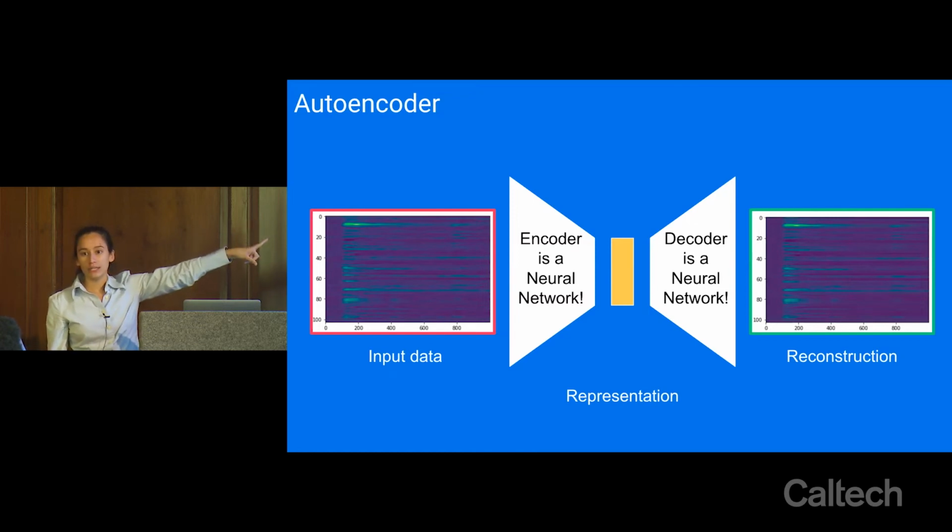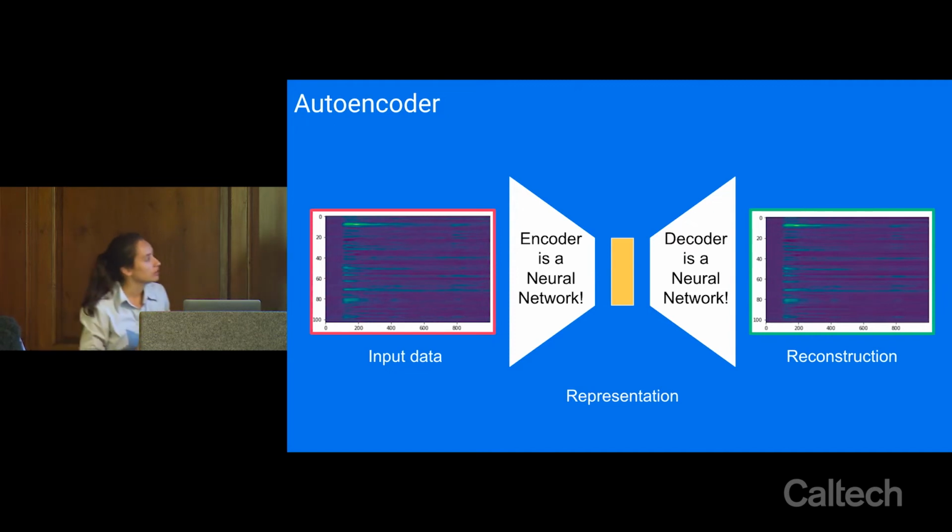If you keep your encoder as a linear matrix operation, you can make this exactly PCA. The only difference is that we flipped a network and added nonlinearities, so conceptually it's very similar.